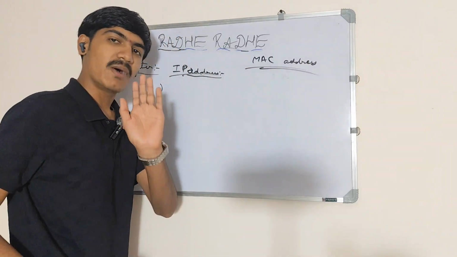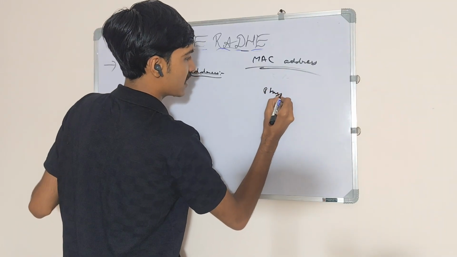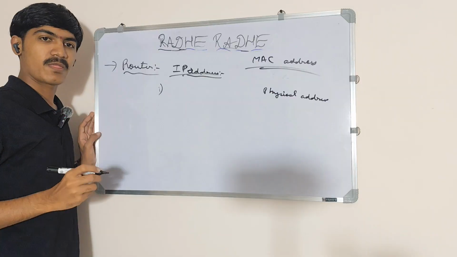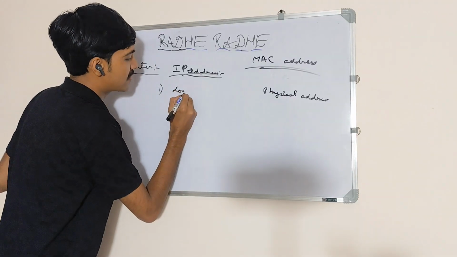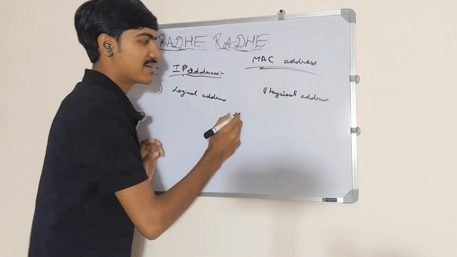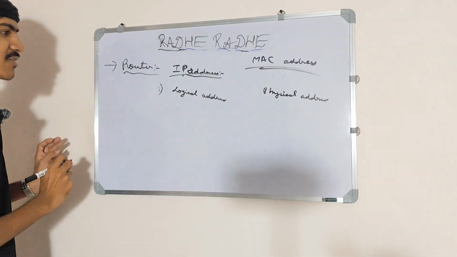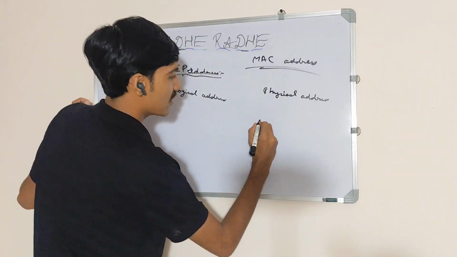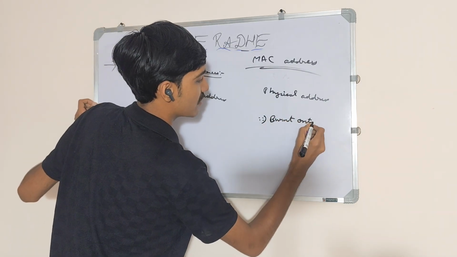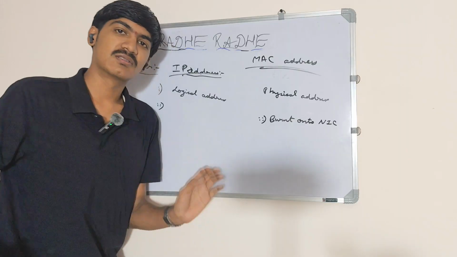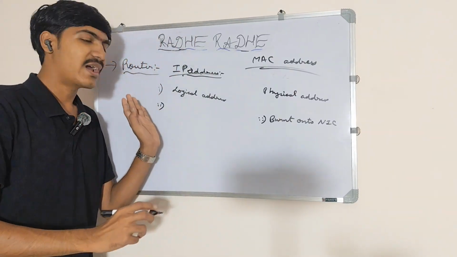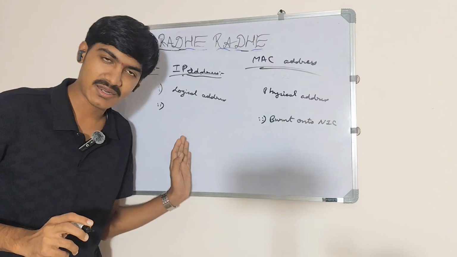First point: a MAC address is a physical address, and an IP address is a logical address. Why is one physical and the other logical? Because the MAC address is burnt onto the NIC by the manufacturer, whereas the IP is not burnt; any device can have any IP address.